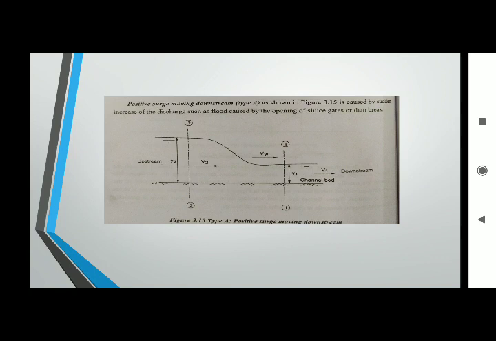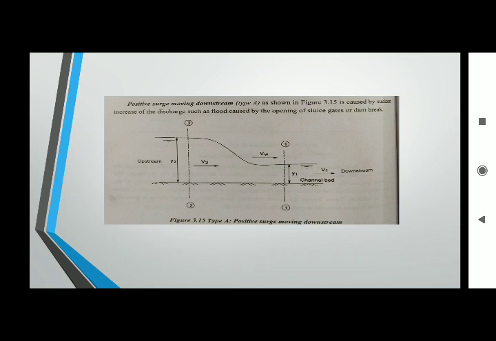So before opening the sluice gate, river velocity and river depth were v1, y1. After opening, there will be a sudden increase in depth y2, with velocity v2. So here the water moving direction is downstream side. Because of sudden opening, there is an increase in depth.